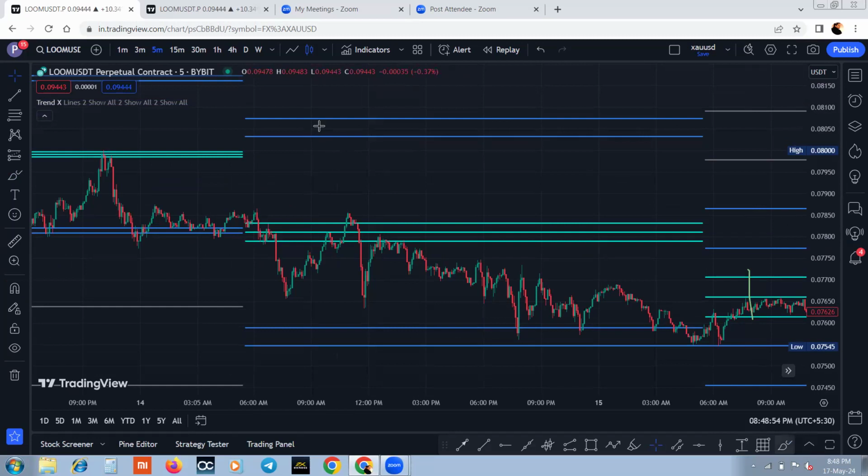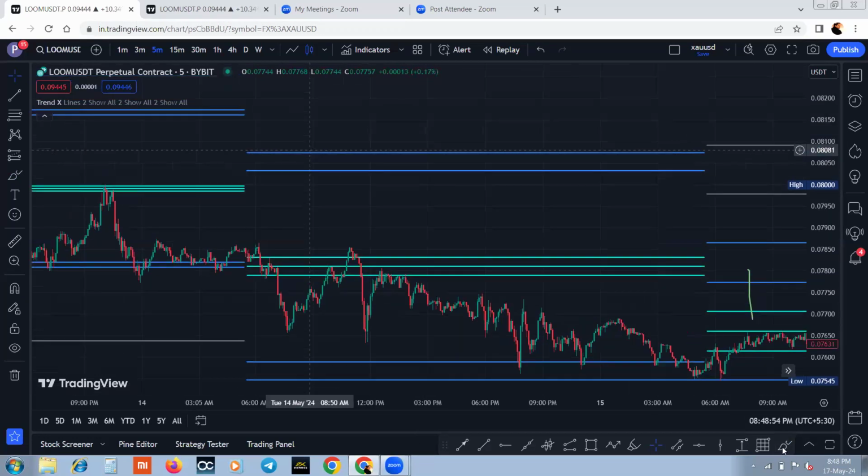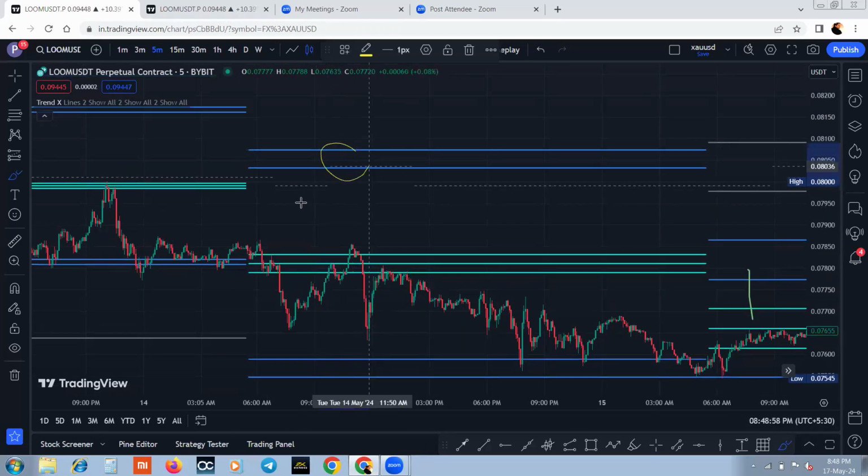You have to look for short positions from here, if not below this. And this should be narrow. Daily should be narrow. If weekly is narrow and daily is also narrow, then that particular day the market will be very volatile. Remember, this is very important.